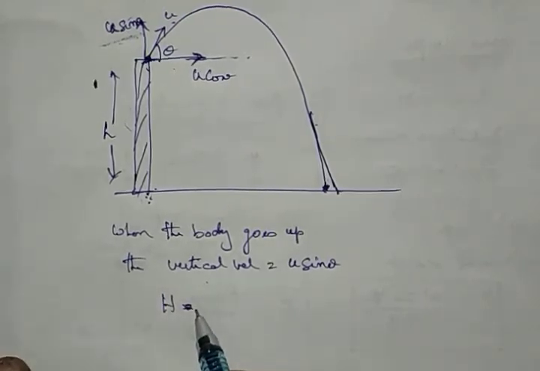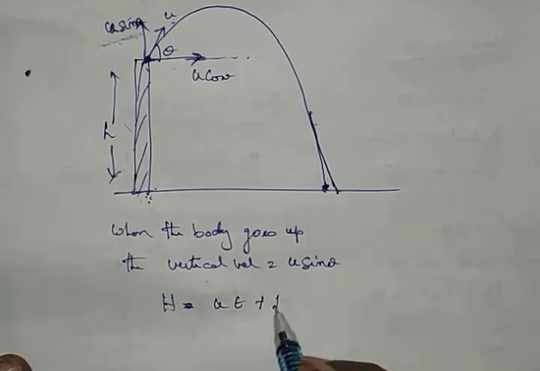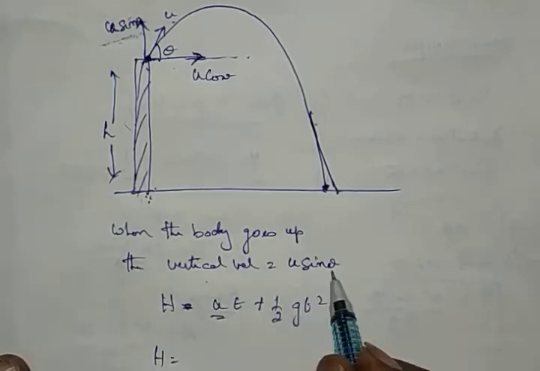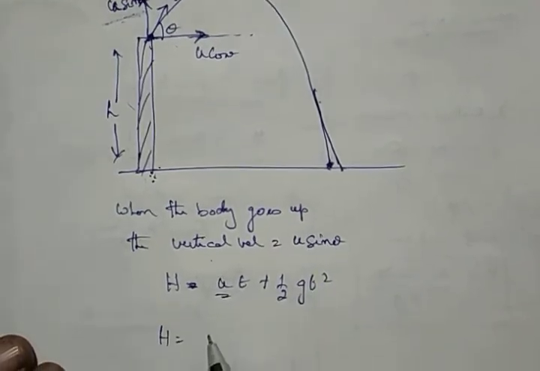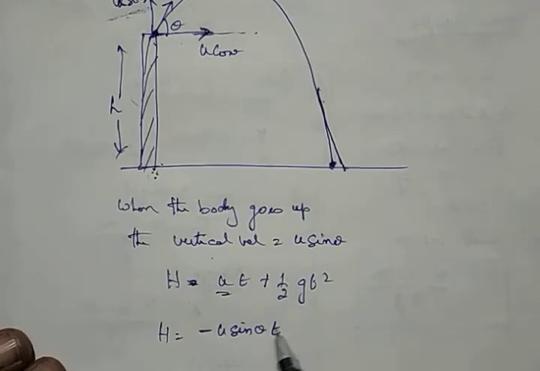H is going to be equal to, you can say, ut plus half gt square, the same formula. H is equal to, what is the u value? u sin theta. So you can write it as minus u sin theta times t. Why do minus?